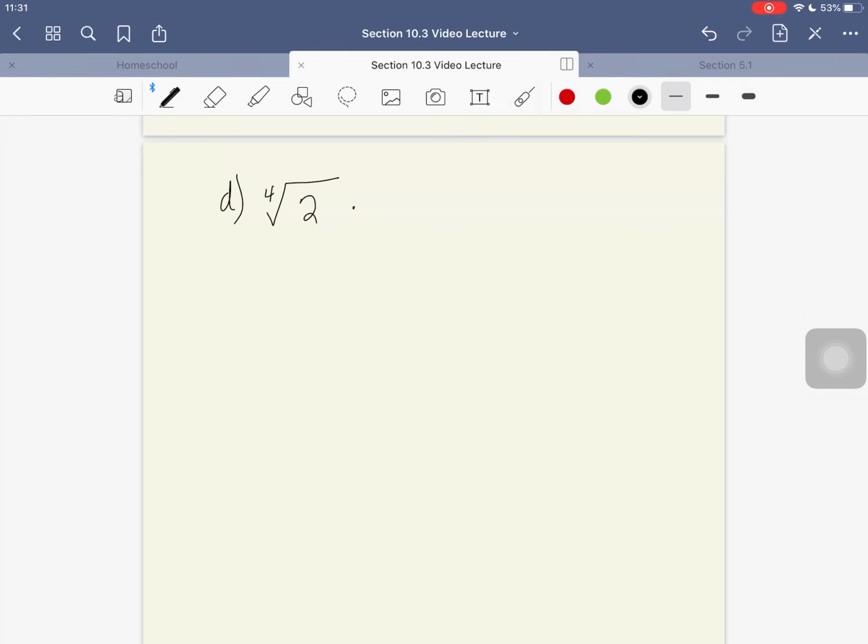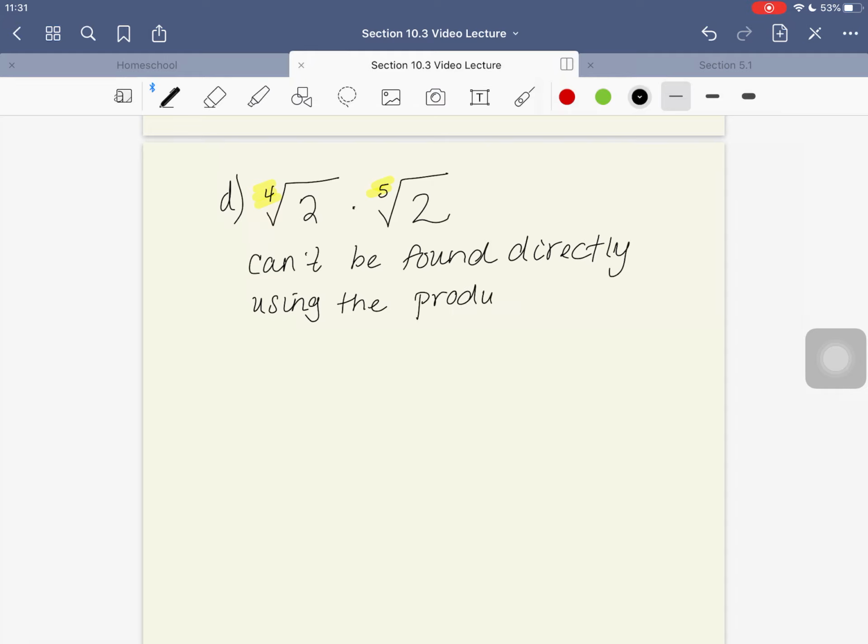So for this one, we'll just say it can't be found directly using the product rule. Okay, it can be found, but we just can't find it using the product rule. What you would have to do is rewrite each radical as a fractional exponent and then simplify it that way, but we'll talk about that in a later example.